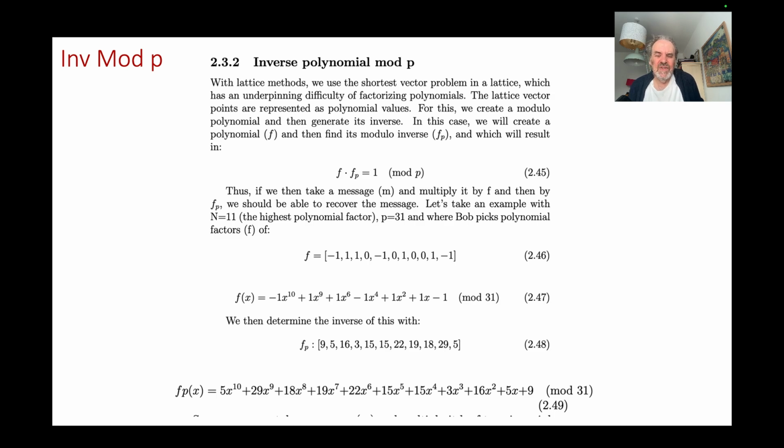So there is a method of defining what's called the inverse of a polynomial mod p. I won't go into too much detail, but it's really just inverting something that we've done in the past. Maybe we multiplied by a certain vector. If we want to reverse that, we find the inverse of the polynomial and then perform the multiplication.